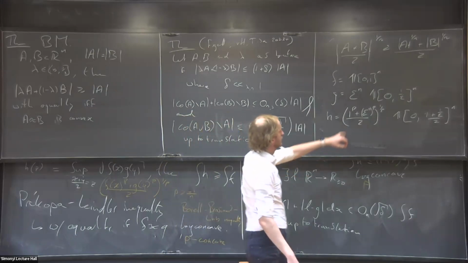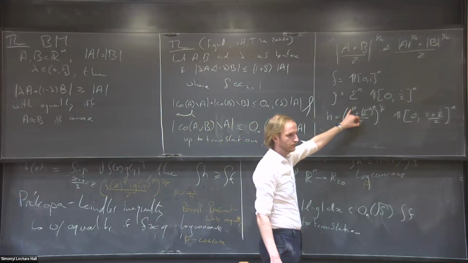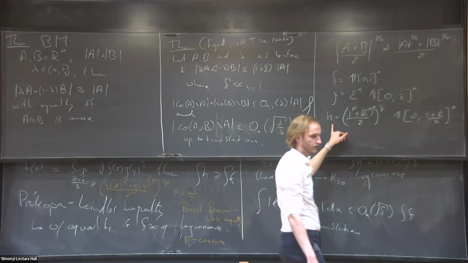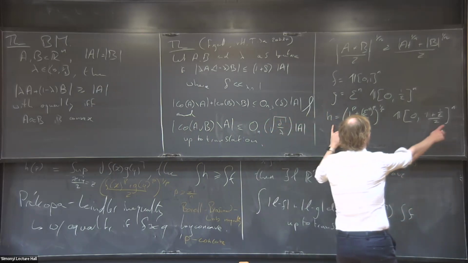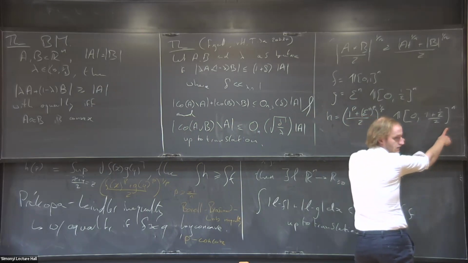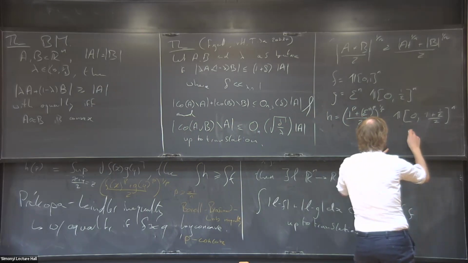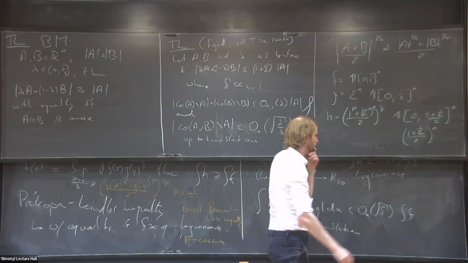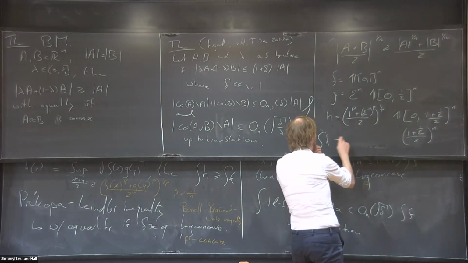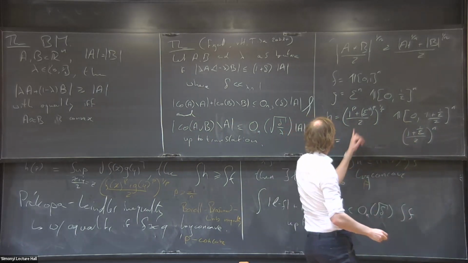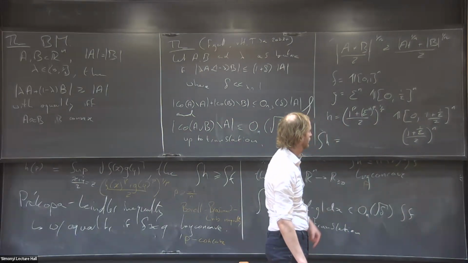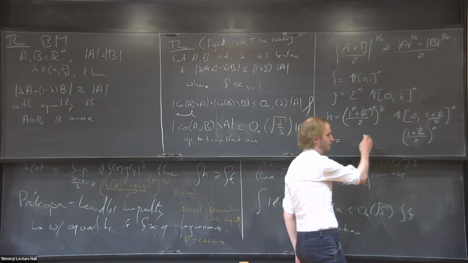Right. So now let's think about this p. What values of p can we take so that this thing still has integral 1? Well, how big is this cube? That is (1 plus 1/epsilon) over 2, to the n. So the integral of h is going to be this times this. What is the limit you can push this p to?